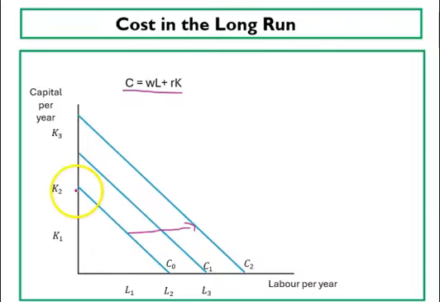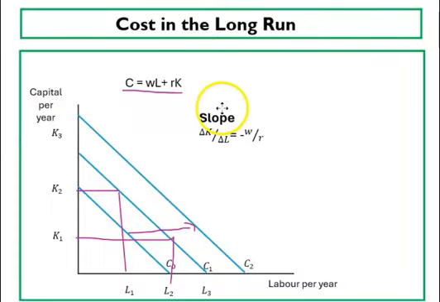For example, we can have K2 units of capital and L1 units of labor, or K1 units of capital and L2 units of labor on this cost line. The slope of the Isocost line is the negative ratio of input prices.